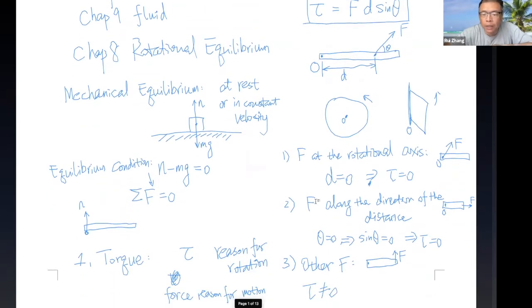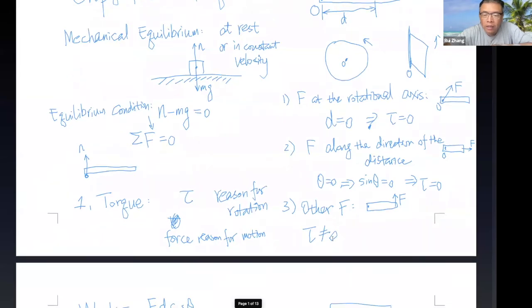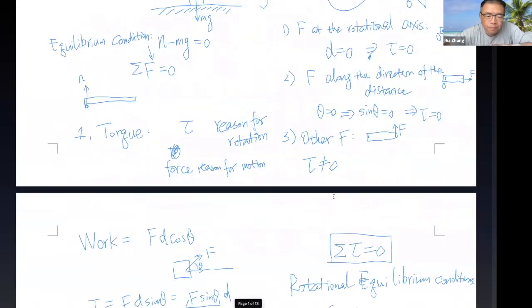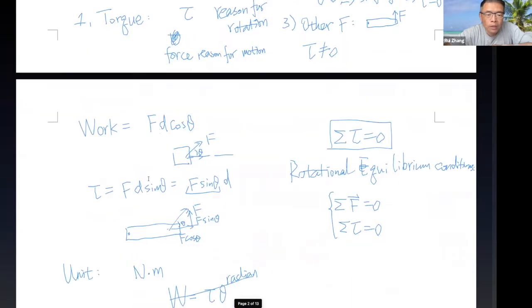We give you some examples here. When you have a force acting directly on the rotational axis, you won't have a torque, so you won't rotate something. Or when you have a force going along the direction of this distance, like in this case, you won't have a torque, so you won't rotate the object. In other cases, you would have a torque. This is very similar to the idea of work that we learned before.